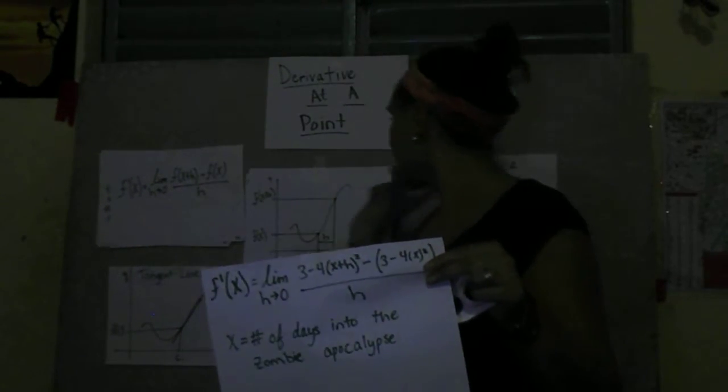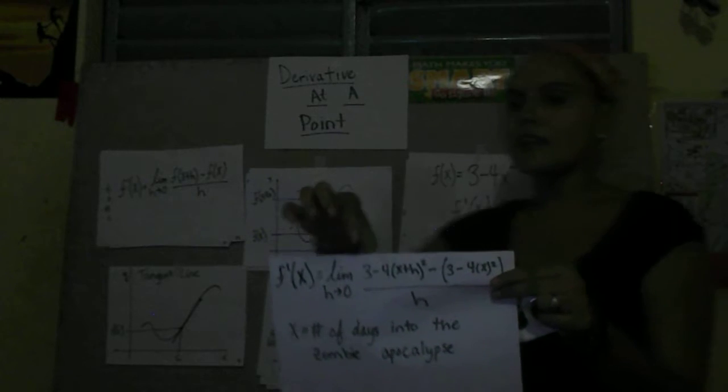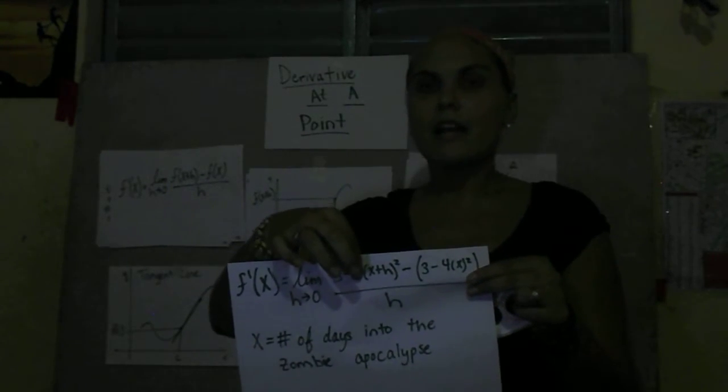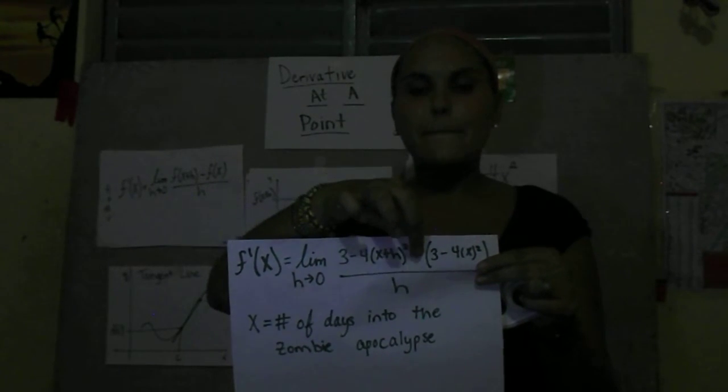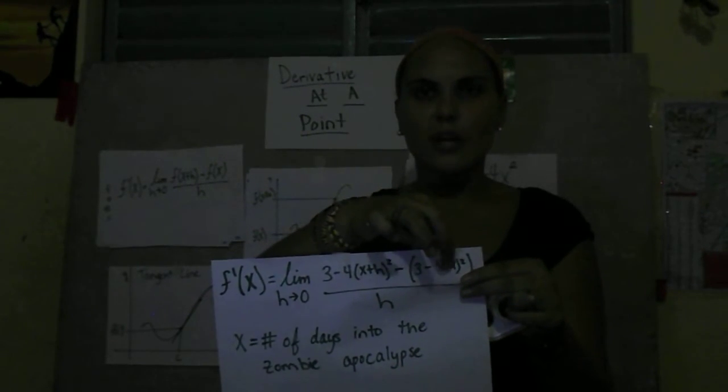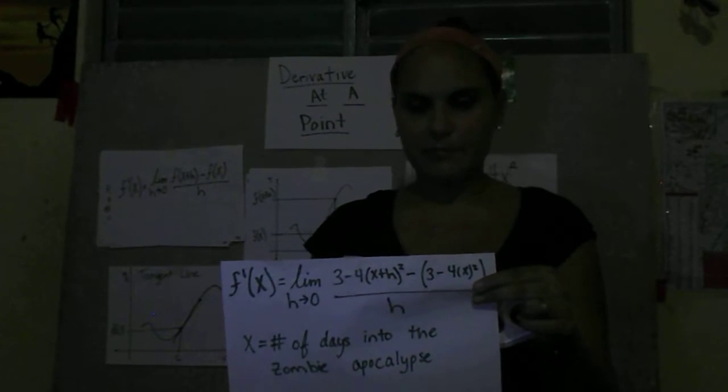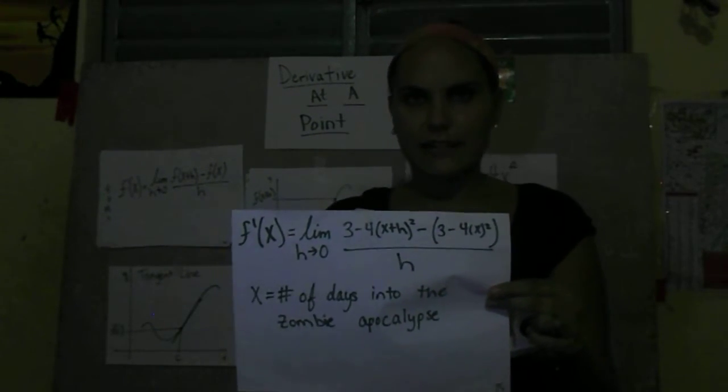Plugging in our regular function, f of x, 3 minus 4, and then our point x plus h squared, minus 3 minus 4 x squared, the second point, all over h.